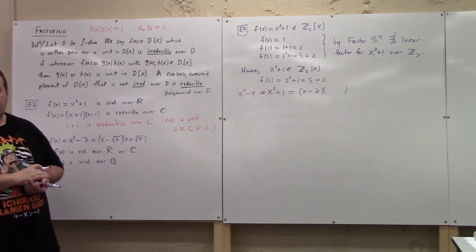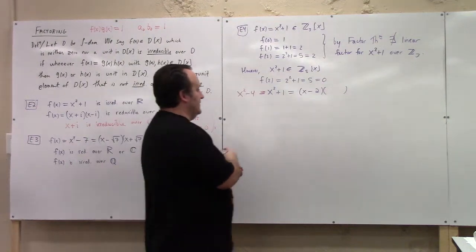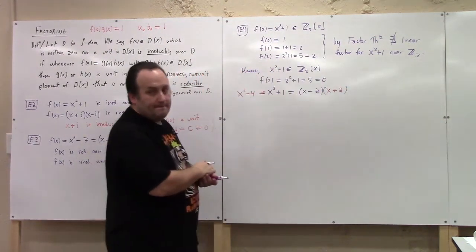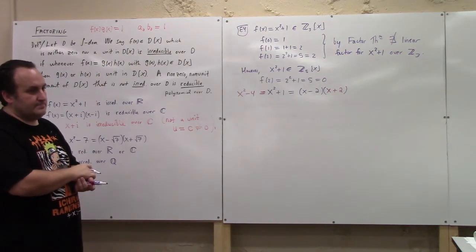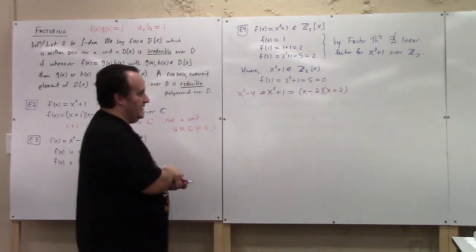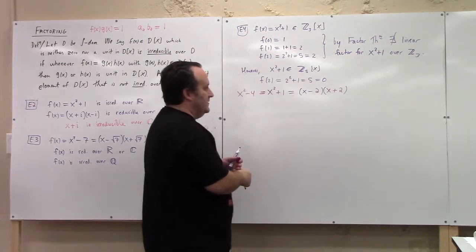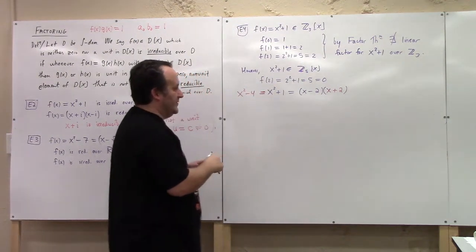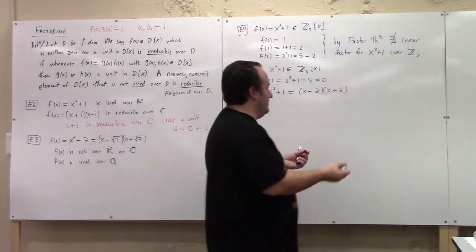So it's actually a difference of squares, and x plus 2 is what you're looking for. That's the factorization. When you multiply this out, the minus 2x and the plus 2x cancel, and you've got x squared minus 4, which is x squared plus 1 working over Z5. Long story short, reducible.